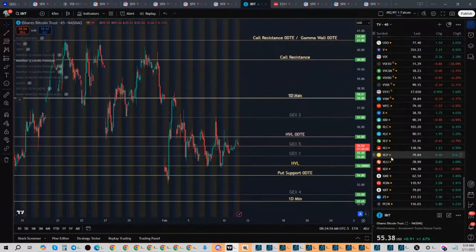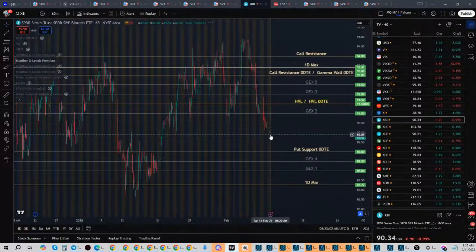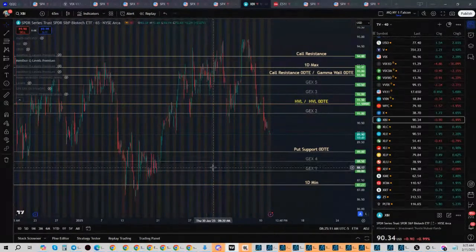SBI, I kind of consider similarly in my little mental calculus, a risk on, risk off asset. And it's coming near this 90-ish level, a little bit low, 89, where it tends to get bought up.